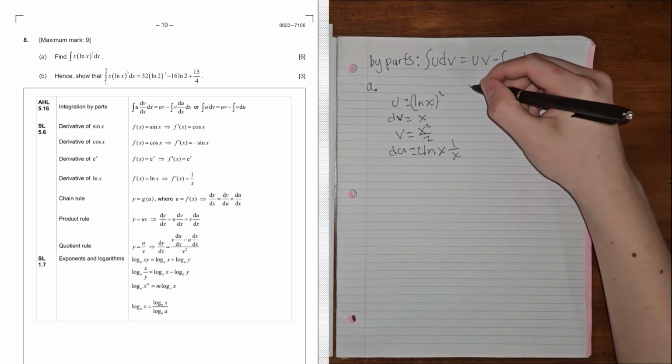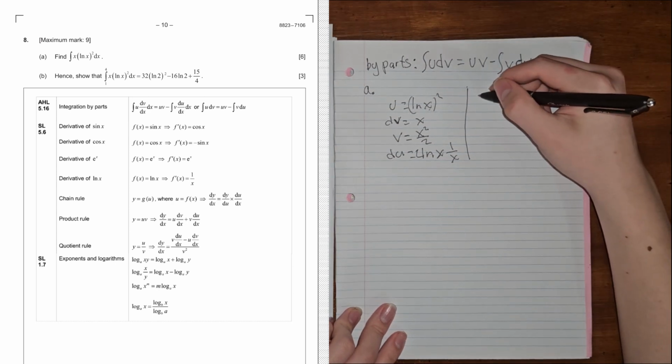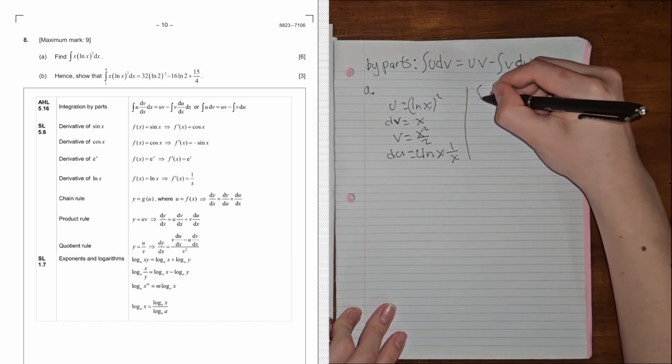Now, here is where we're going to start doing our math, because we want to conserve space on the actual IB exam.